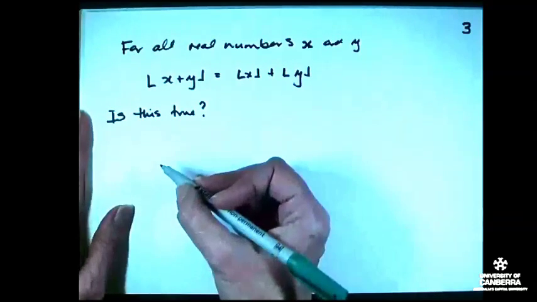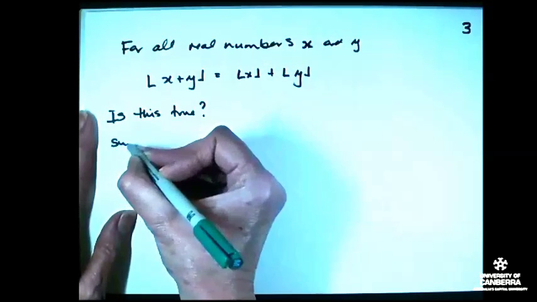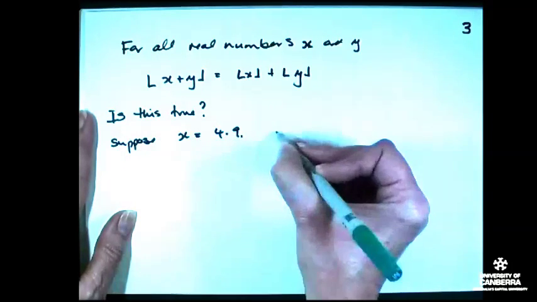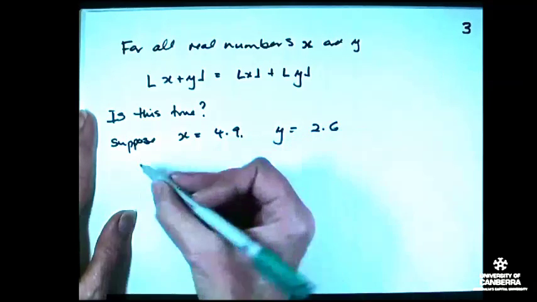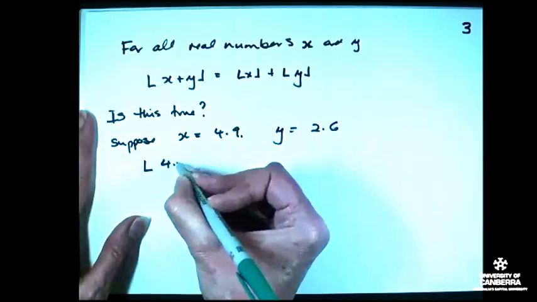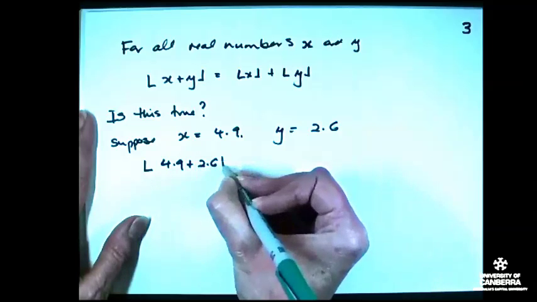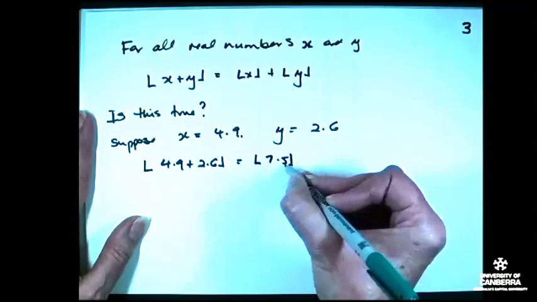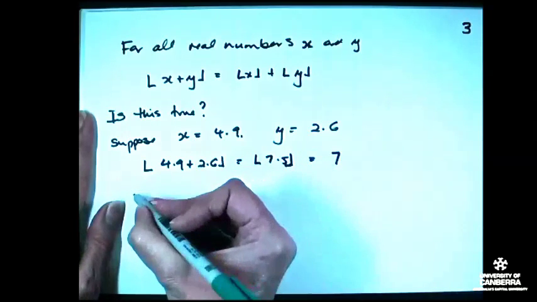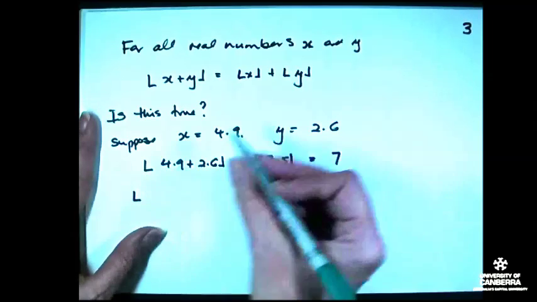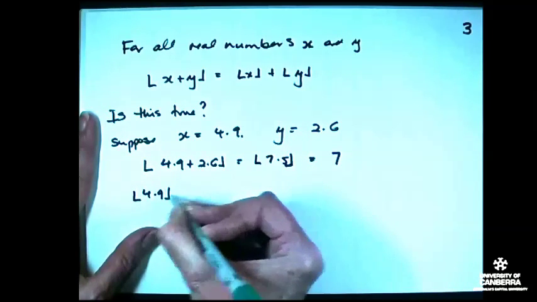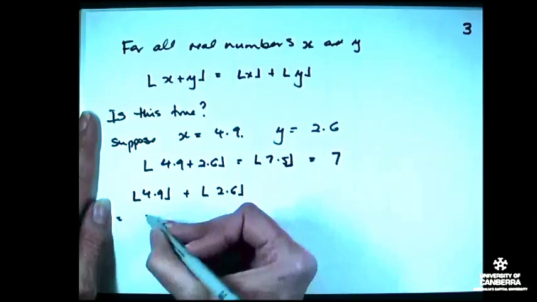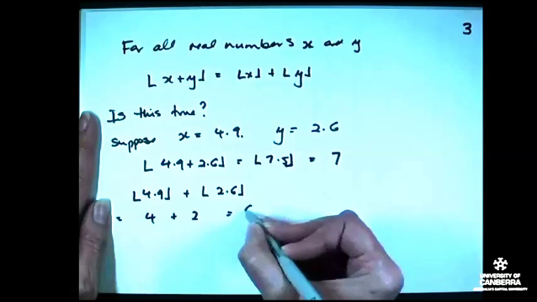so it's probably not going to work. So let's use, suppose x is equal to 4.9, y is equal to 2.6. The floor of 4.9 plus 2.6 is equal to the floor of 7.5, which is equal to 7. The floor of 4.9 plus the floor of 2.6 is equal to 4 plus 2, which is equal to 6.